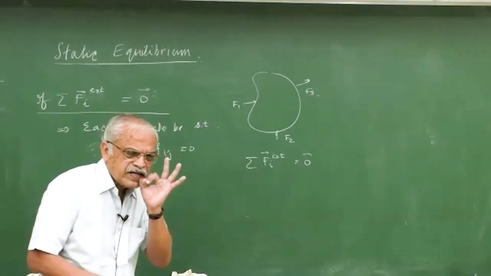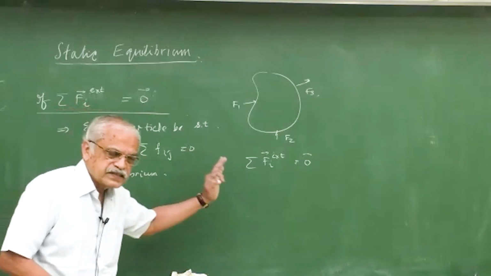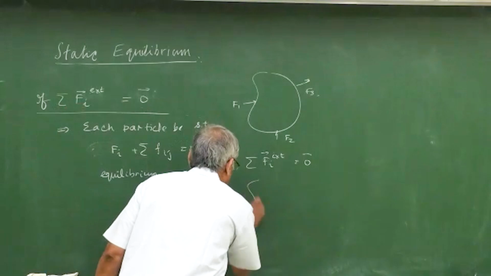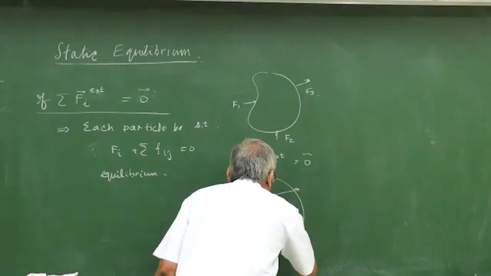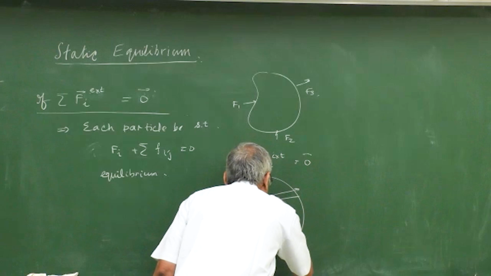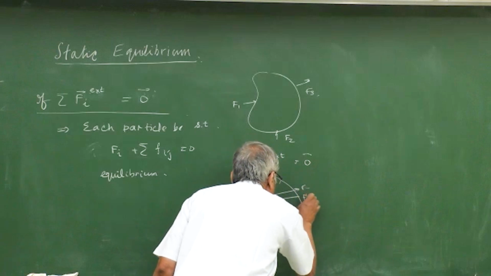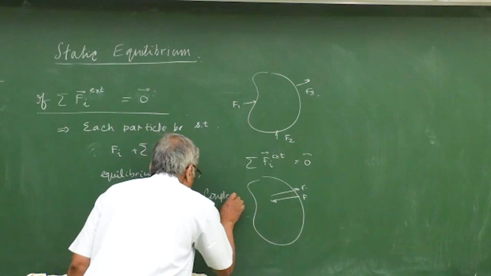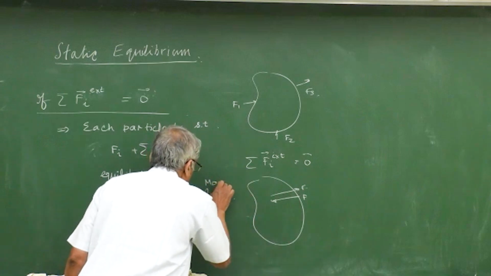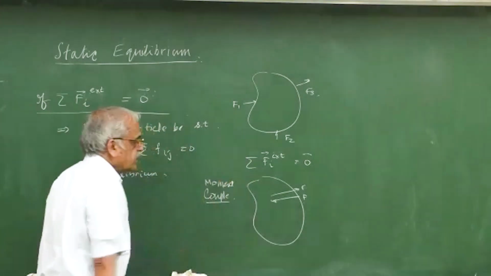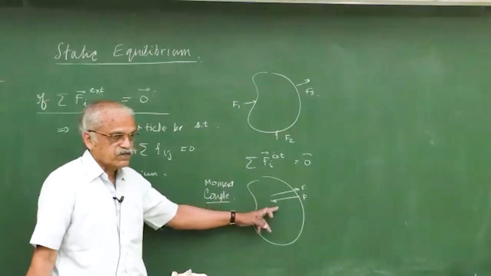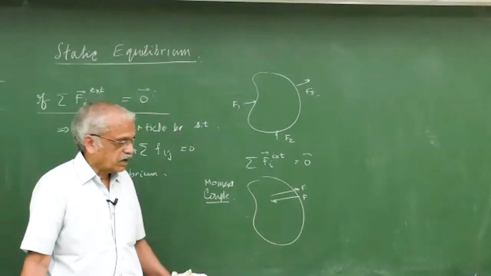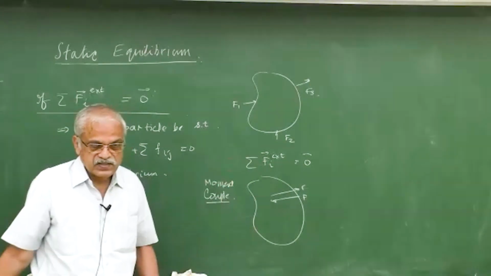Let's look at a very simple case, which I just talked about a couple of times. If you have a rigid body with two forces, equal and opposite, this is a couple, a moment couple. What is sigma Fi here? I have two external forces which are equal and opposite, separated by a certain distance d.